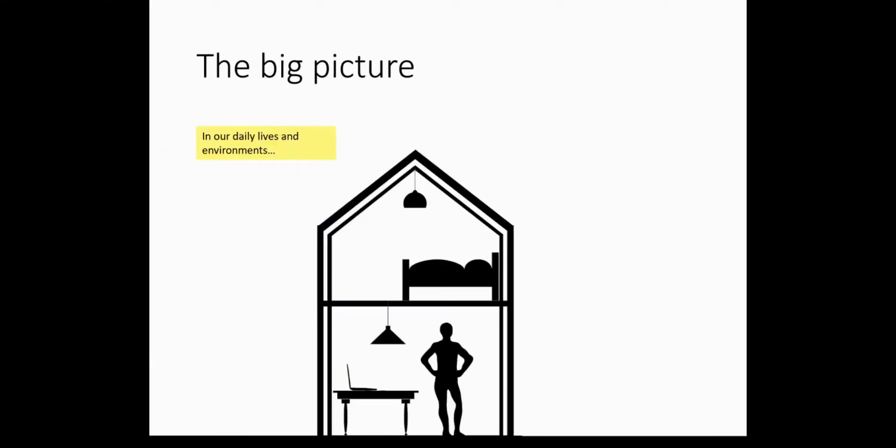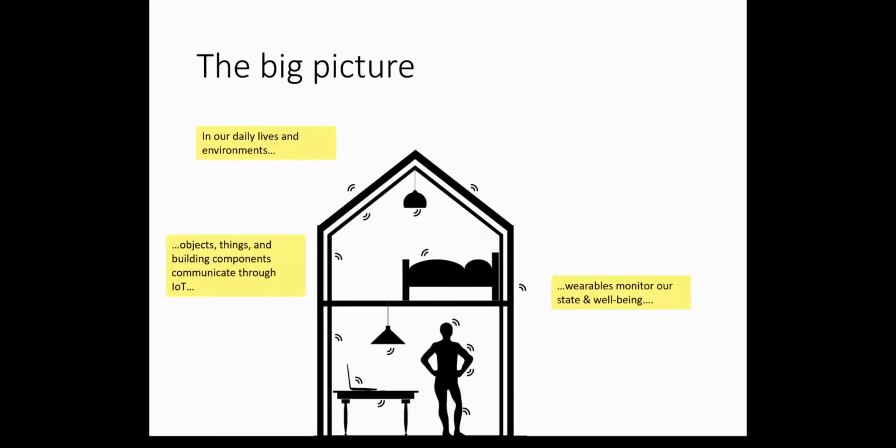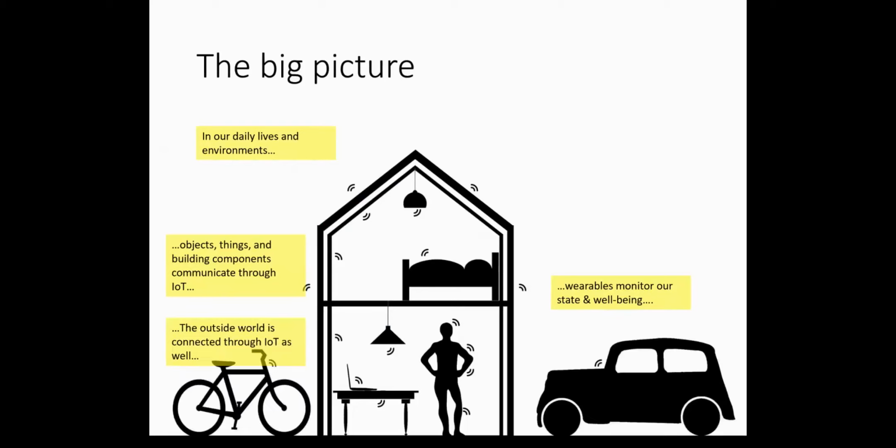So what we will see is that in our daily lives and environments where we act and live and work and rest, we have our wearables that monitor our state and well-being. The objects, the things, the building components that are surrounding us, they are communicating through the Internet of Things. And not only our immediate environment is doing that, but the outside world is doing that as well.